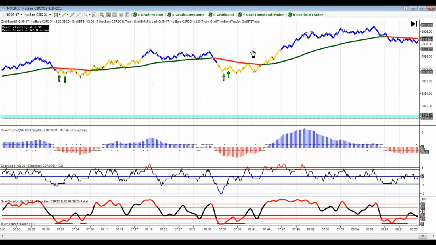Okay? There's one other thing you can do with this. And again, this is not my preferred method of trading with the Grail 3, so I'm telling you that now. This is not the combination that I use. But I'll show one other thing to try to pick this trade up when we come back across the EMA.